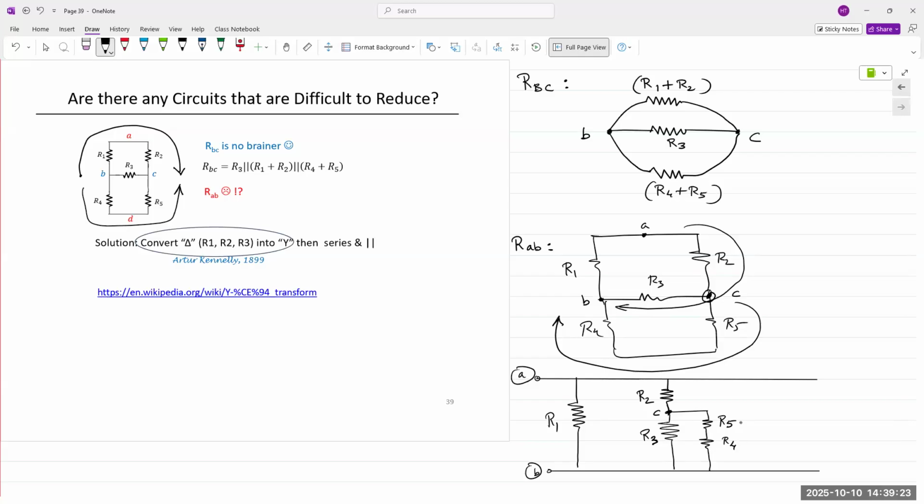All right, so there's another kind of transform that we can do. And that applies when resistive elements are connected in a triangle form. And we can change it into a Y form.